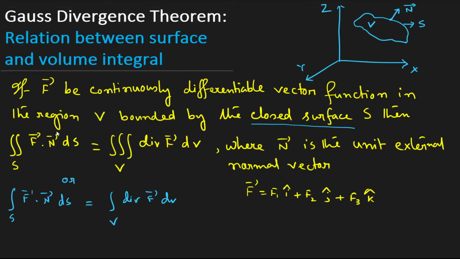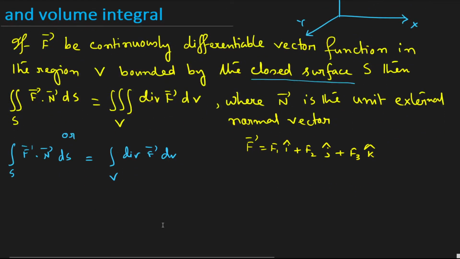Or you can think like this: suppose there is a circle. If we rotate that circle 360 degrees, it would look like a ball, meaning three-dimensional. That is how we convert a surface integral, a double integration, to a triple integration.